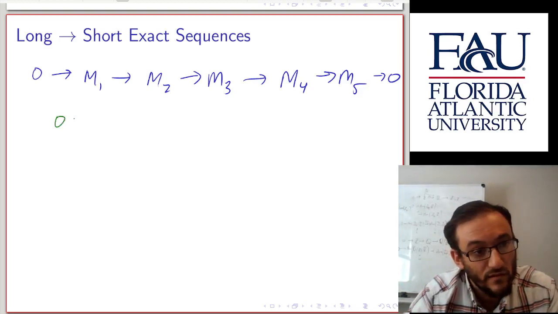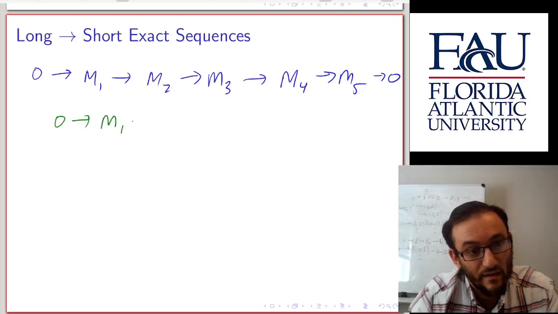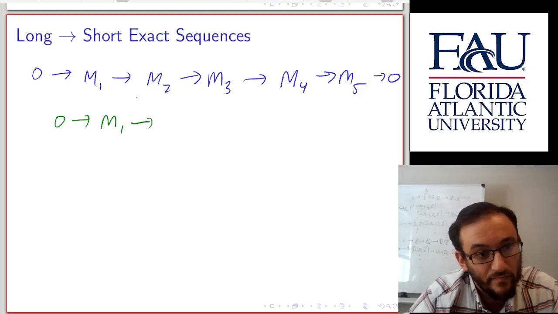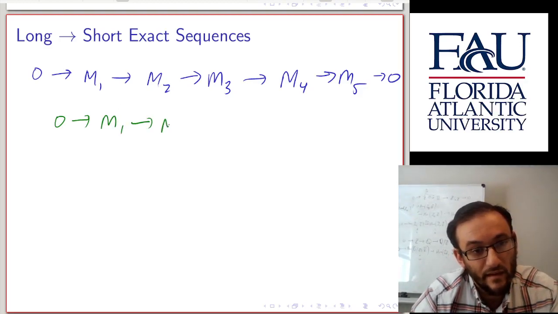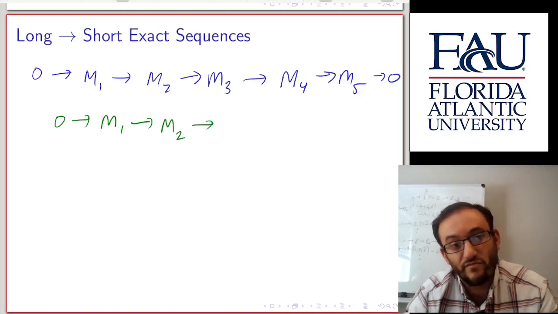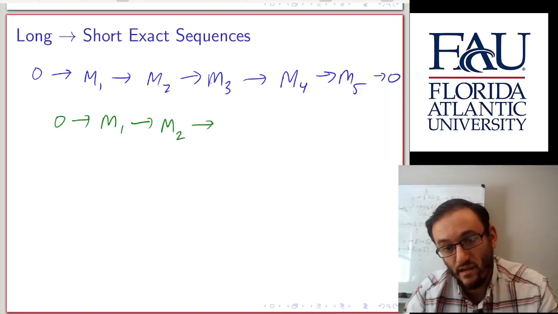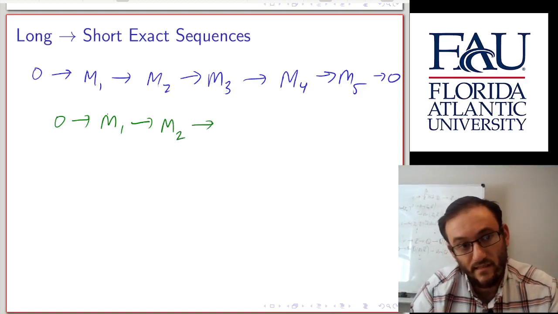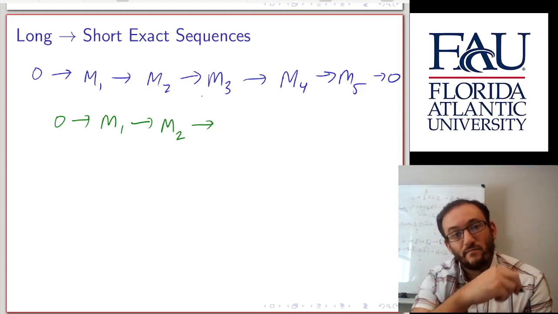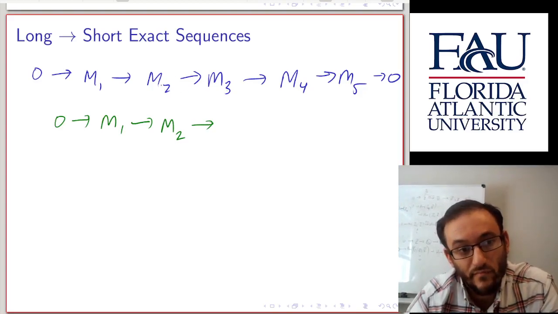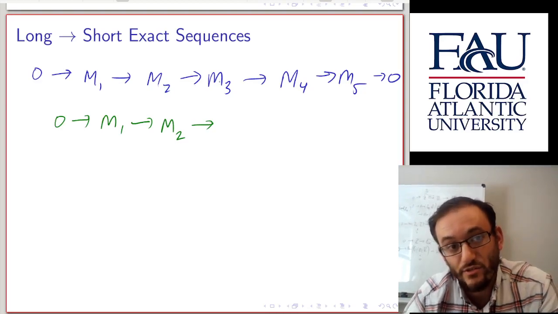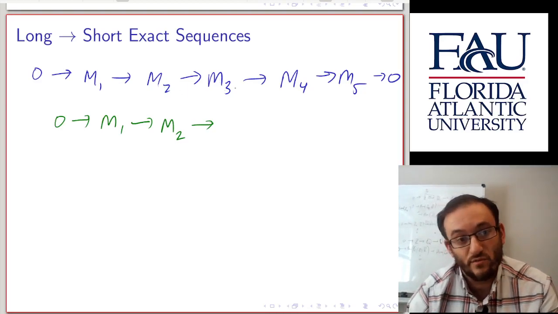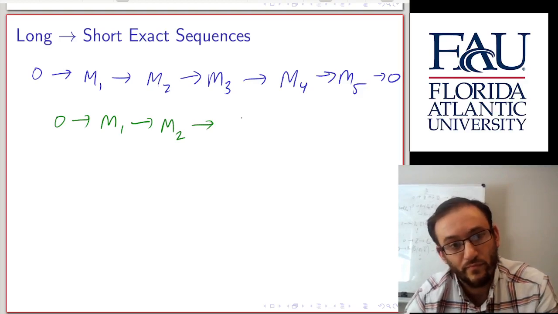Well, start here and take 0 to M1 and M2, and then instead of taking M3, because see, this one is exact, which means that the map from M2 to M3 is not necessarily surjective, but its image is equal to the kernel of the following map.